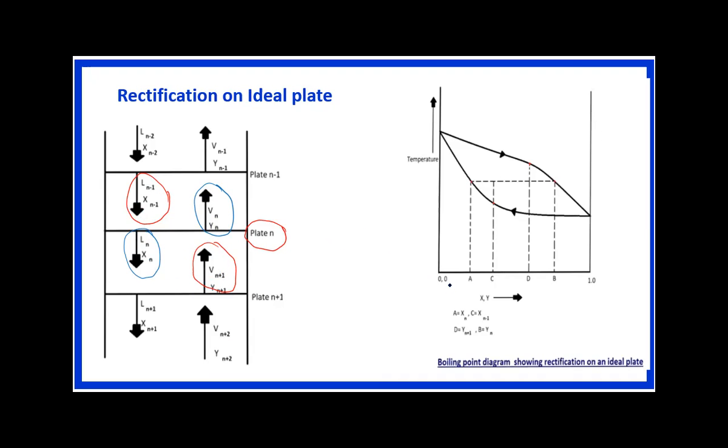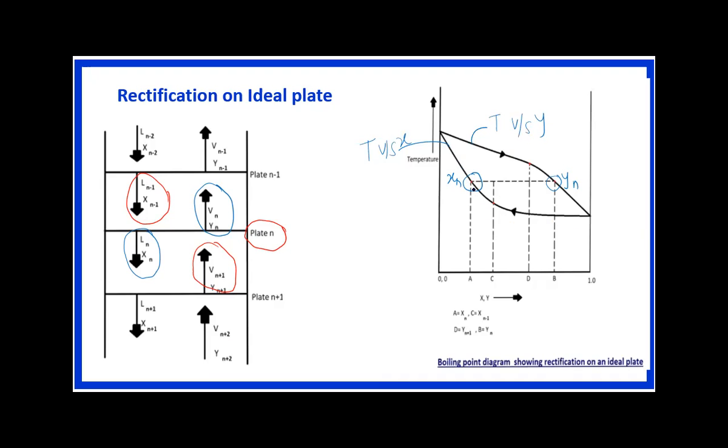So we can draw the TXY diagram like this, and from this diagram you can understand that this point indicates the points like Xn and Yn. This is Xn, this is Yn, because we know that this curve is nothing but a temperature versus X curve, and this is the temperature versus Y curve.